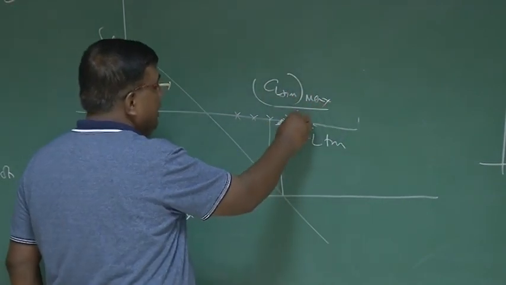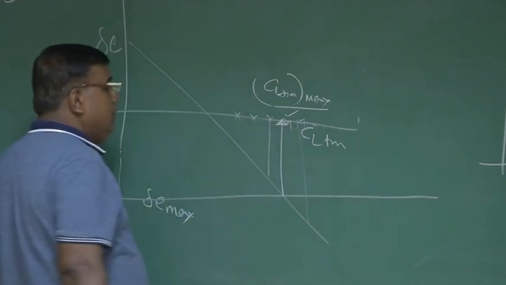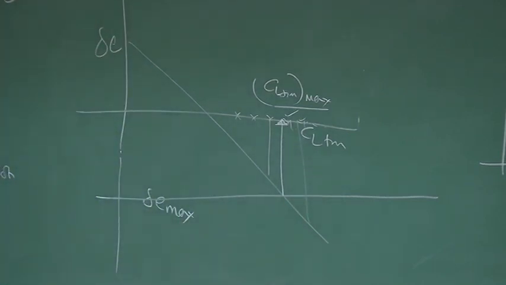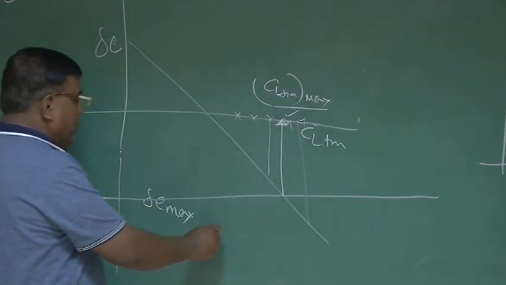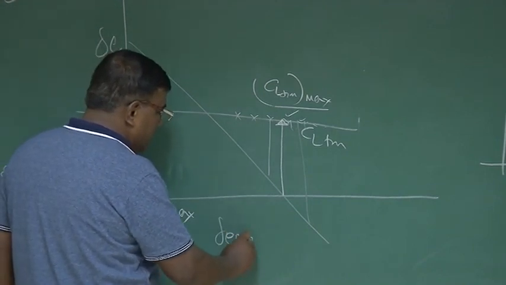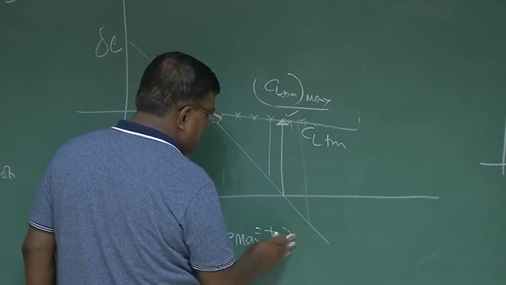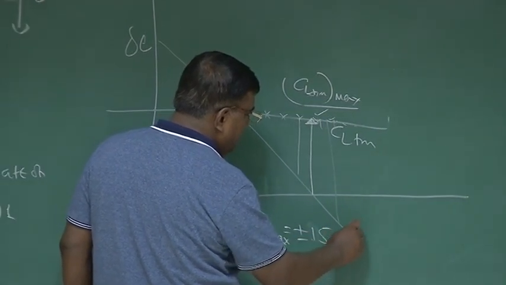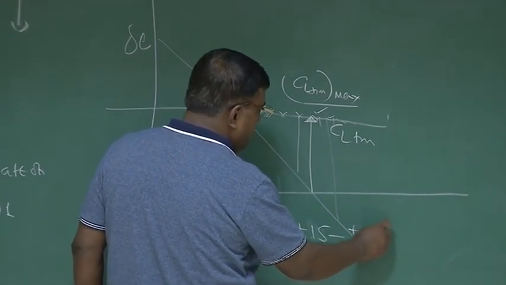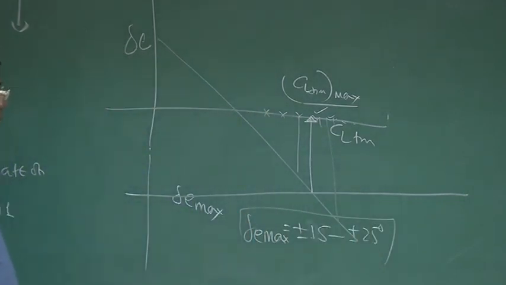Beyond that, if CL trim is here, I cannot manage it with the elevator. Typically delta E max for a conventional airplane is between plus minus 15 to plus minus 25 degrees. But there are methods to increase this by adding some add-on system, right?